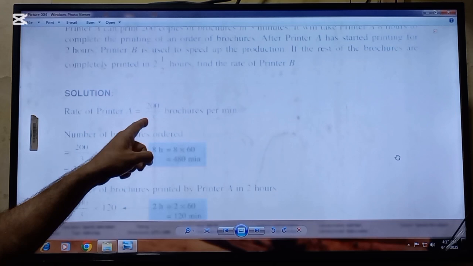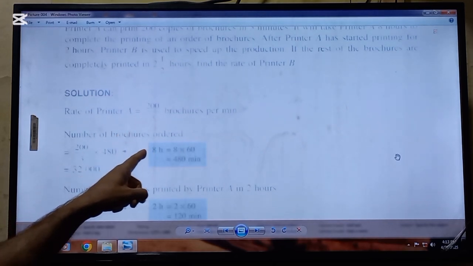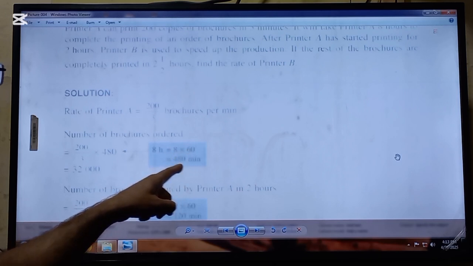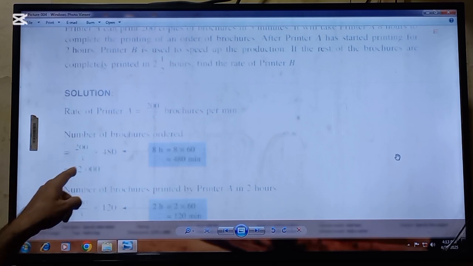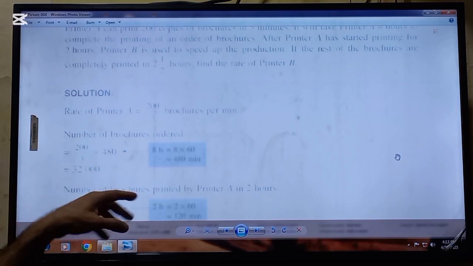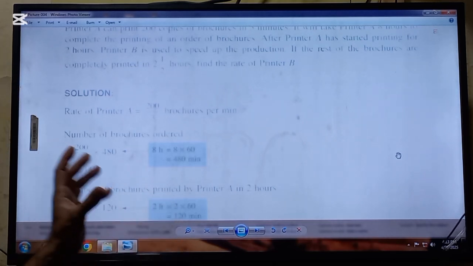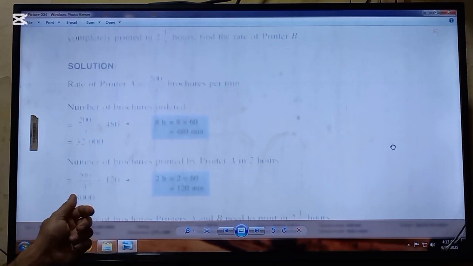So this is the rate per minute, 200 over 3, multiplied by 480, because in 8 hours, 8 multiplied by 60, there are 480 minutes. So we will multiply 200 over 3, the rate of printer A, by 480. So it means 32,000 brochures have to be printed. So this is the target we want to reach.